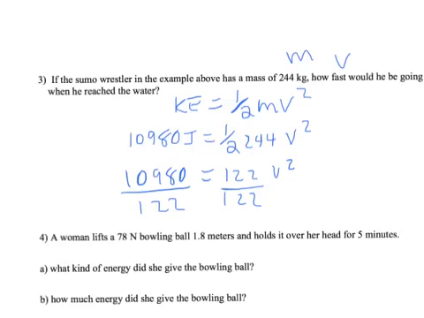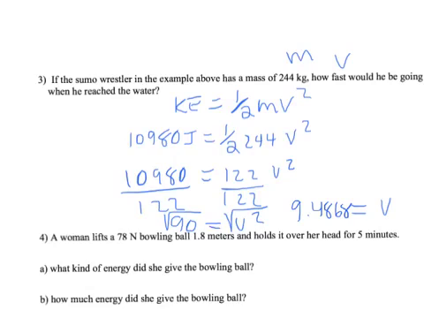So that tells me then that 90 equals v squared, but I don't want to know what v squared is. I have to undo squaring v, and the opposite of squaring is taking the square root. So I'm going to take the square root of v squared to find out what v is, but that means I have to take the square root of 90, and what that tells me then is v equals the square root of 90, which is 9.4868 meters per second.